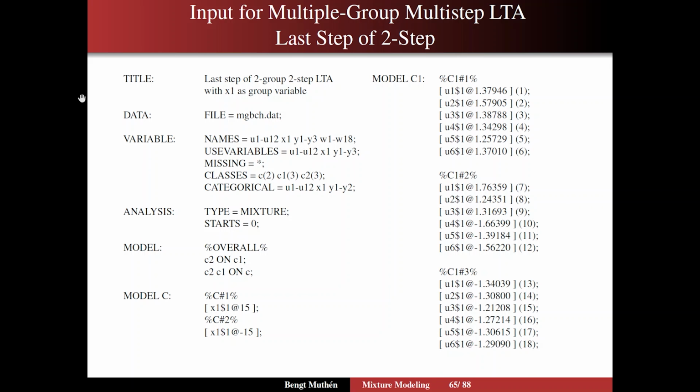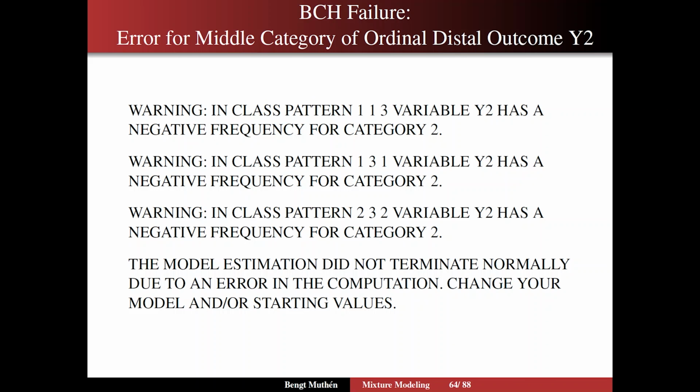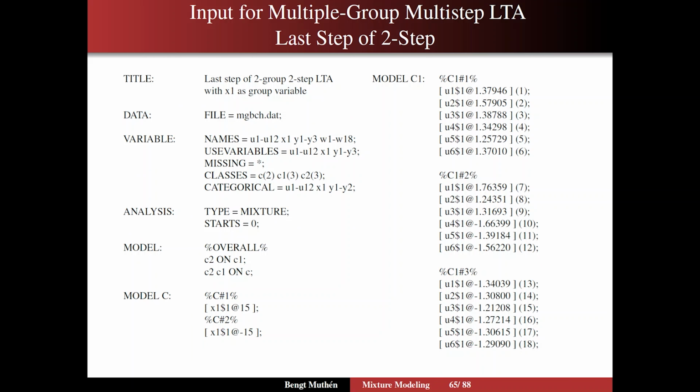So on slide 65, we instead turn to two-step. On previous slides, we had BCH failure, but now we turn to two-step as an alternative. On slide 65, we have then, in the last step of two-step, C on C statements here.